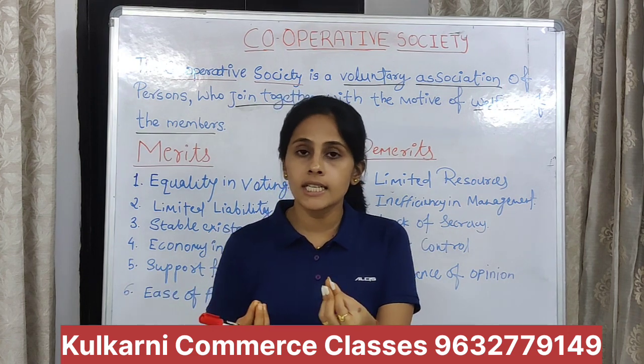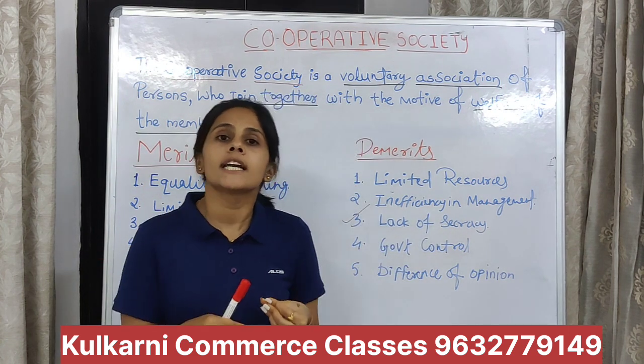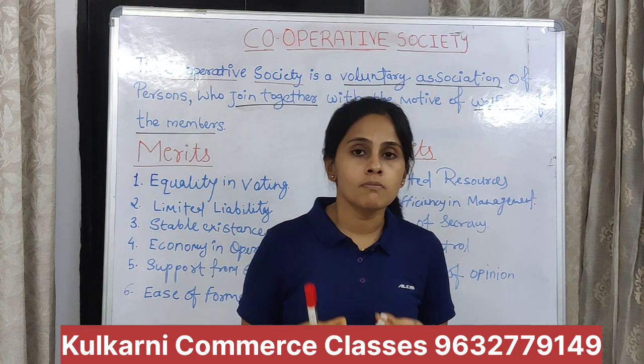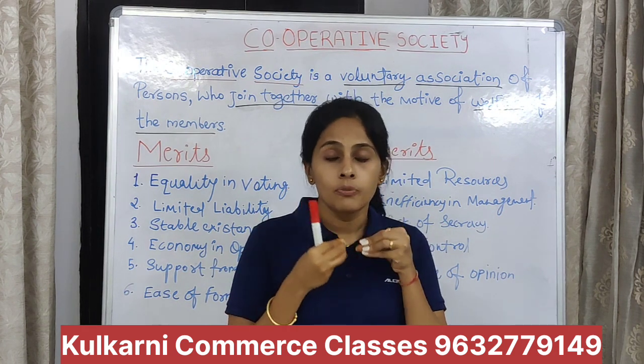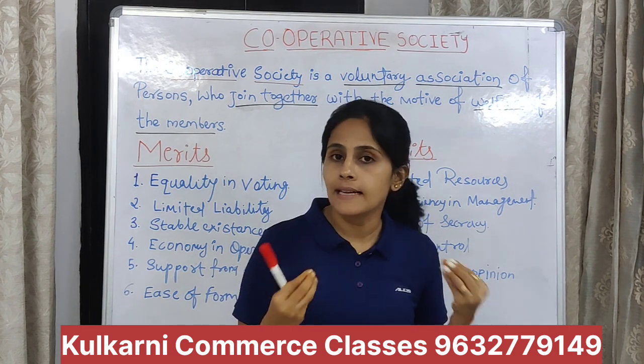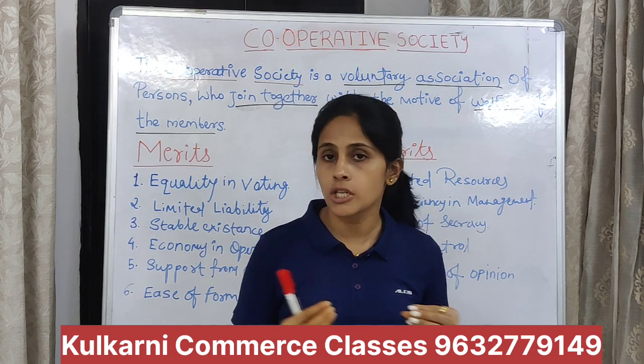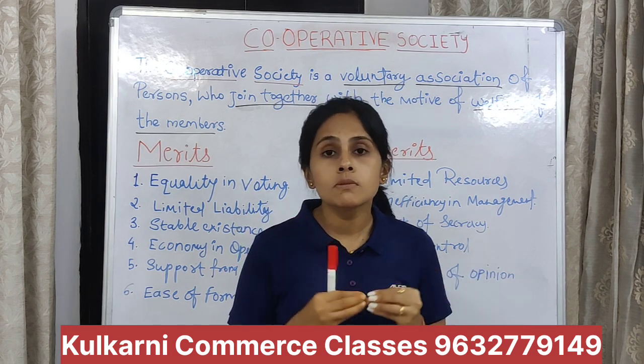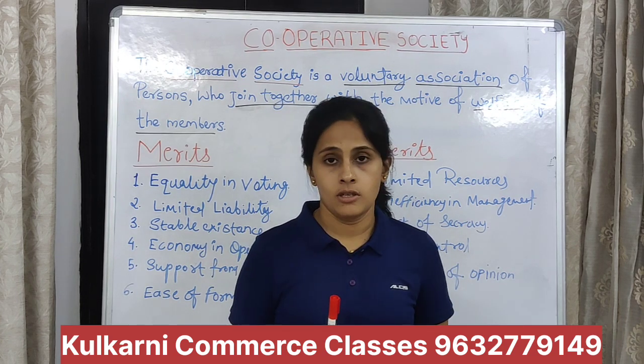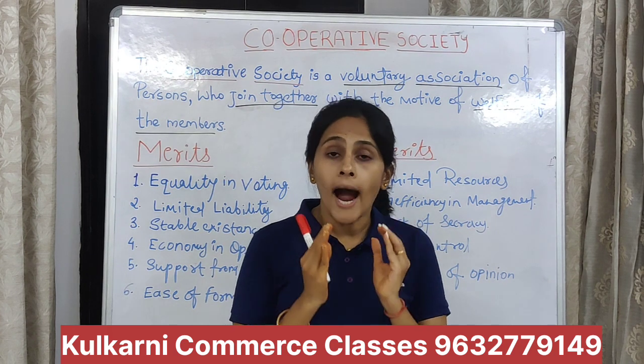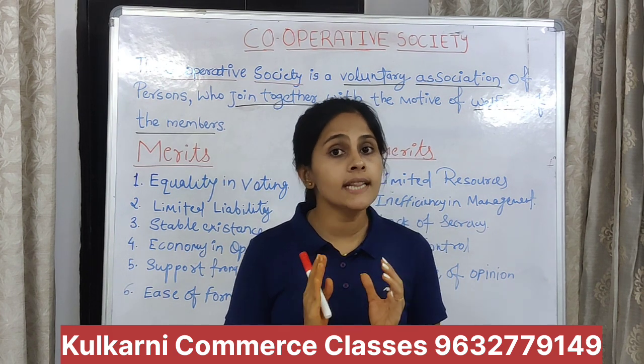But in case of a cooperative society, you must publish the profit and loss accounts and balance sheets. Those are called the financial reports of your business. Those must be published. So you cannot hide things, or maintain secrecy here.